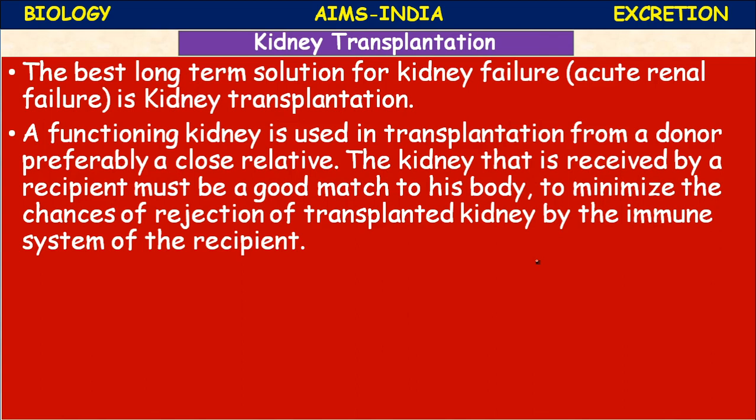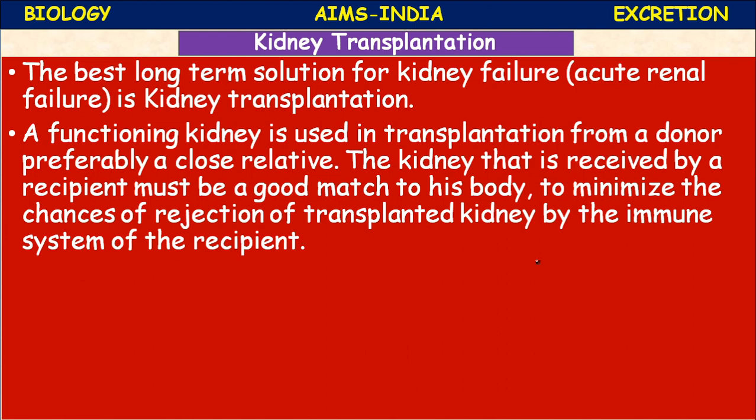The kidney that is received by a recipient must be a good match to his body, to minimize the chances of rejection of the transplanted kidney by the immune system of the recipient.